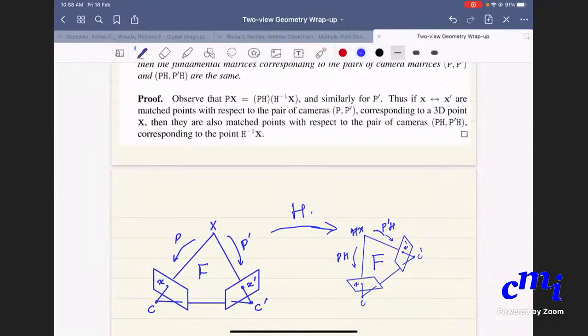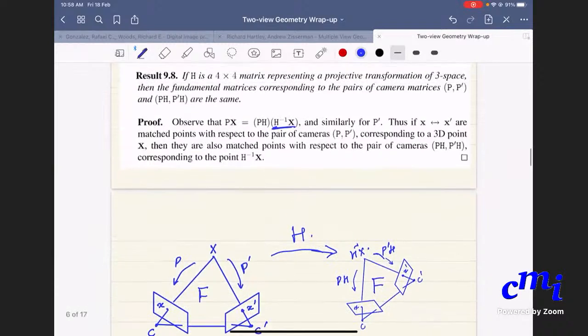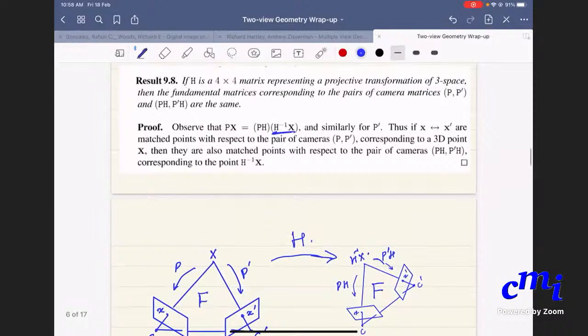So this should have been H inverse X. So that is what is appearing here. Then they will correspond to this world point. So x and x prime will still be a pair of matching points. So that proves this result.